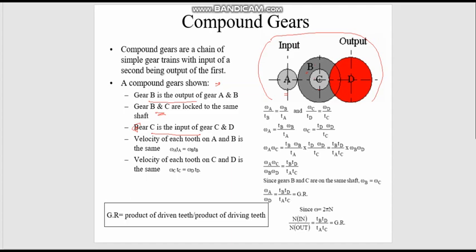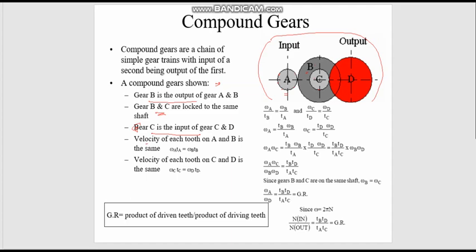And basically the velocity of each tooth of A and B is the same. Since A and B is a gear train, at any given point of gear A and gear B, the velocity is supposed to be the same. So velocity can be calculated as omega, which is angular velocity, times T. T is the number of teeth.